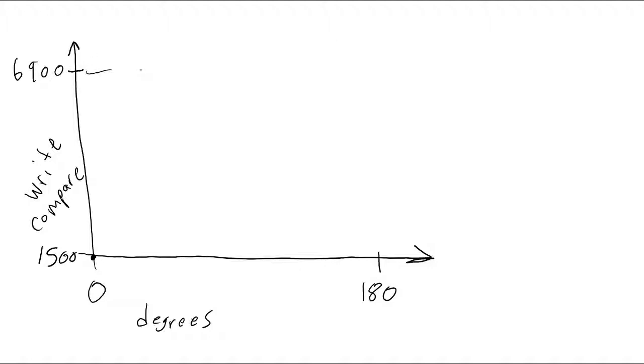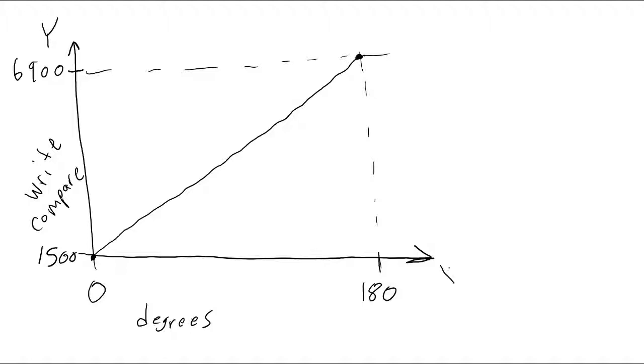So I'll draw a dot on my plot at 180, 6900. These 2 points on the plot define a linear relationship between the degrees of the servo angle and the value that we write compare. This is my y-axis and this is my x-axis.